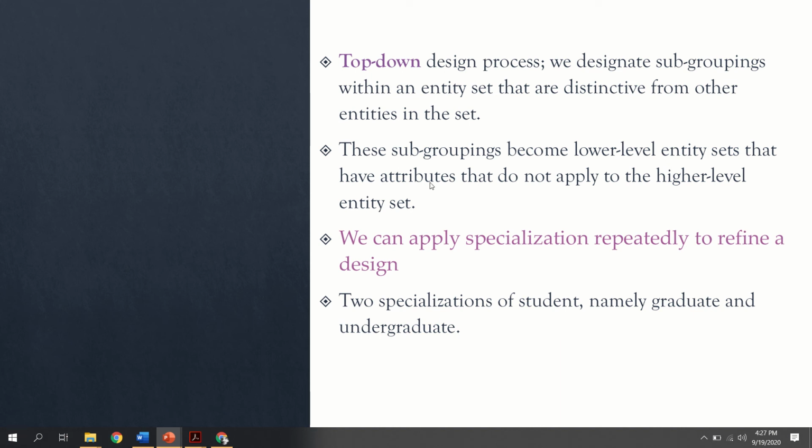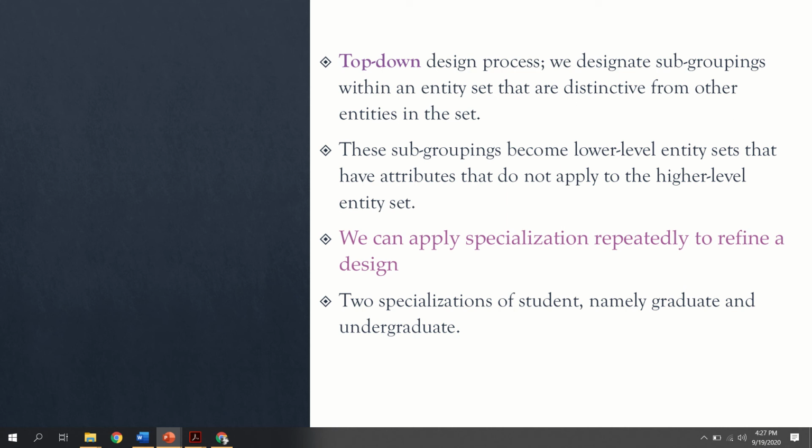And always when we apply this specialization repeatedly, the subgrouping will divide again, like a divide and conquer style. Further it will be divided into lower entity sets.